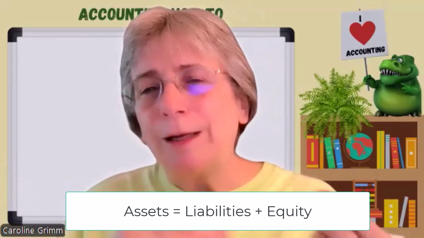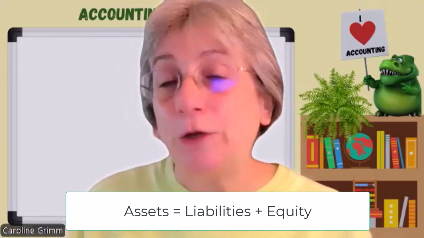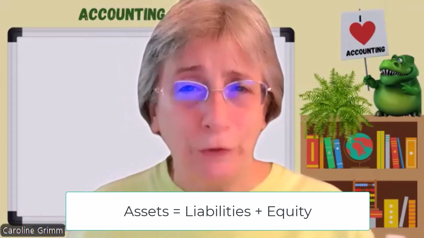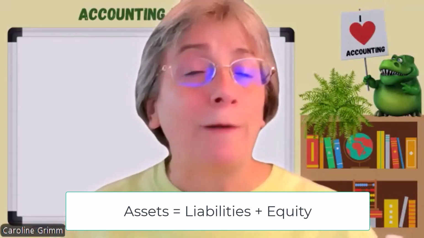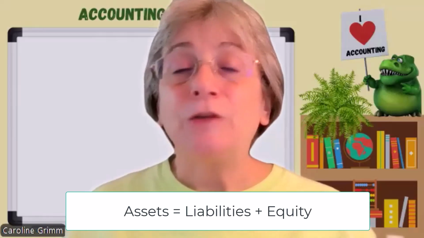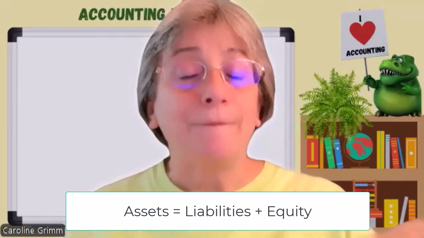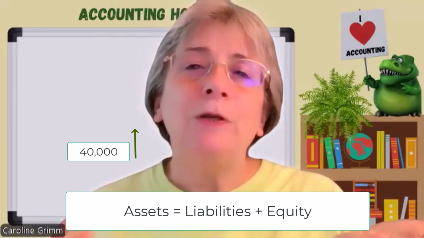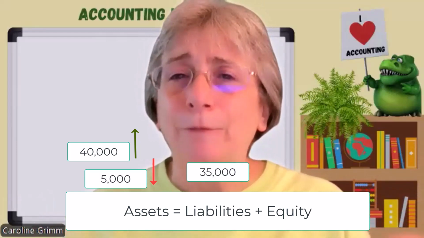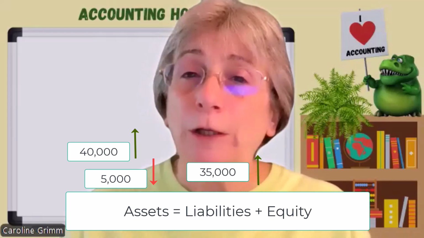But not all accounting transactions have to have just two parts. We can have more than two parts if we need to. Minimum two, maximum whatever you need it to be. So in this case, Terrance will buy the car, that $40,000 increase to his asset account called vehicles, but he's going to split the way he's going to pay for it. He's going to pay for that partly with cash.